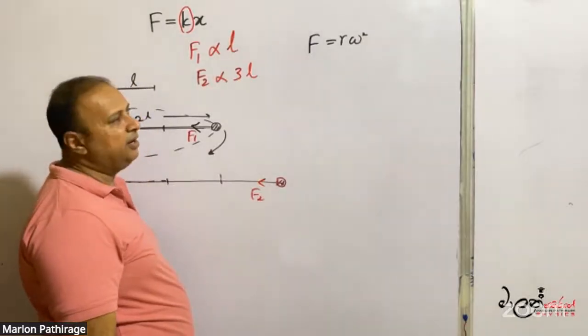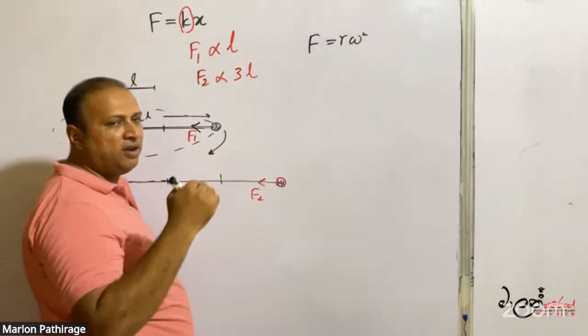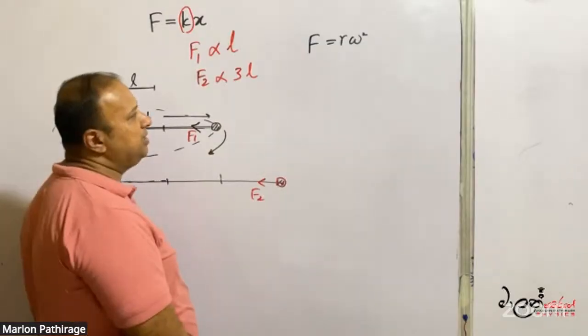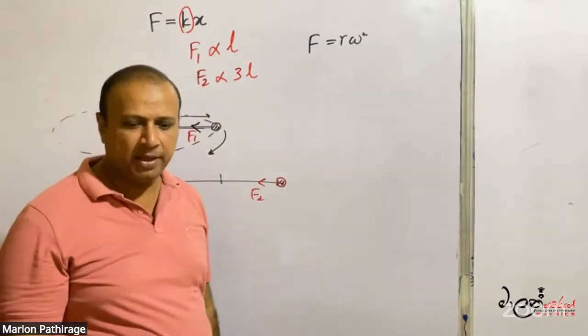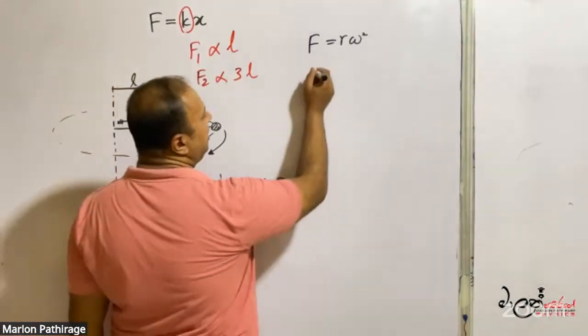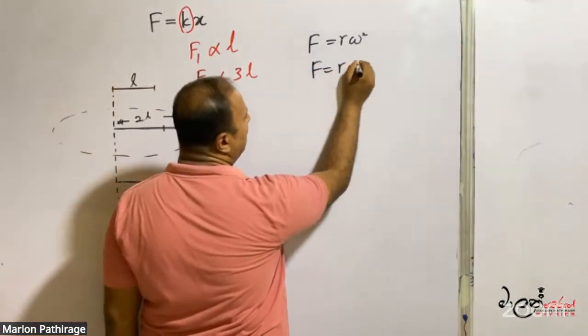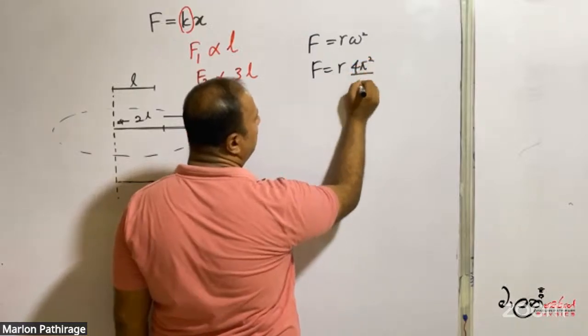Instead of writing omega squared, I can write 4 pi squared over T squared, because omega is equal to 2 pi over T. Therefore, centripetal force is equal to m r 4 pi squared over T squared.